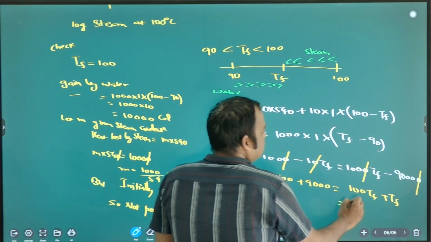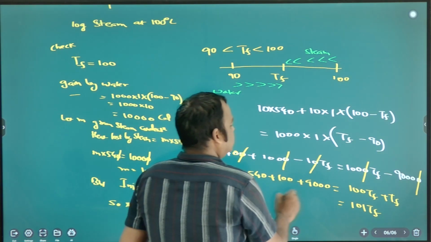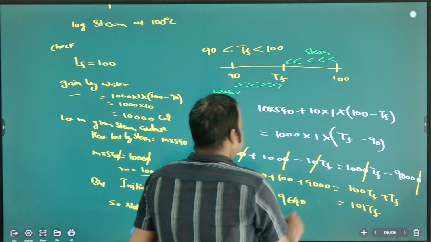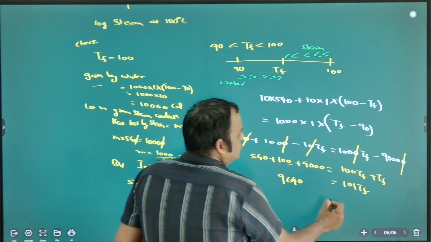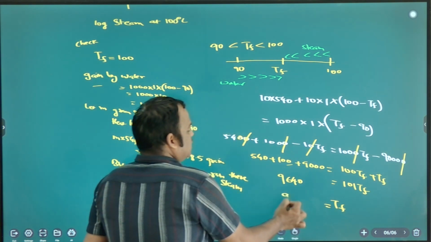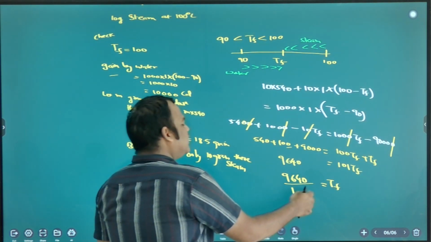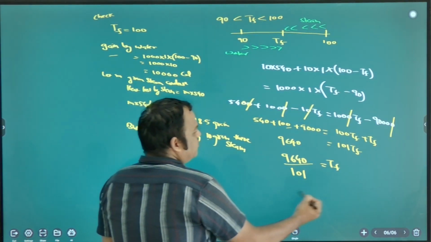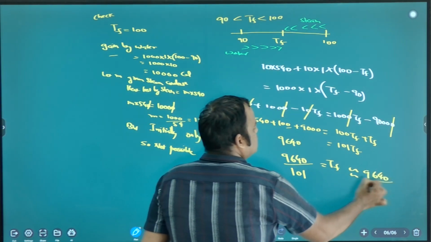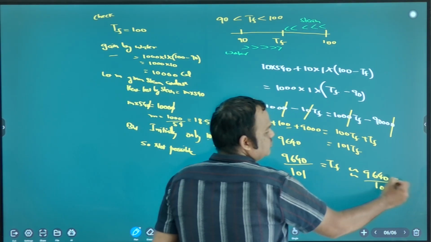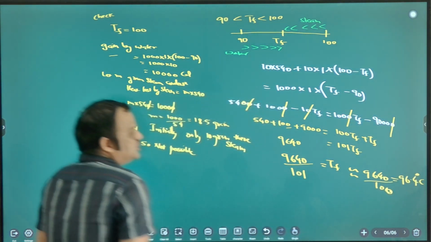So 101 TF is 9640. So what is TF? 9640 divided by 101. Taking 101 approximately as 100, 9640 by 100 is approximately 96.4 degrees Celsius.